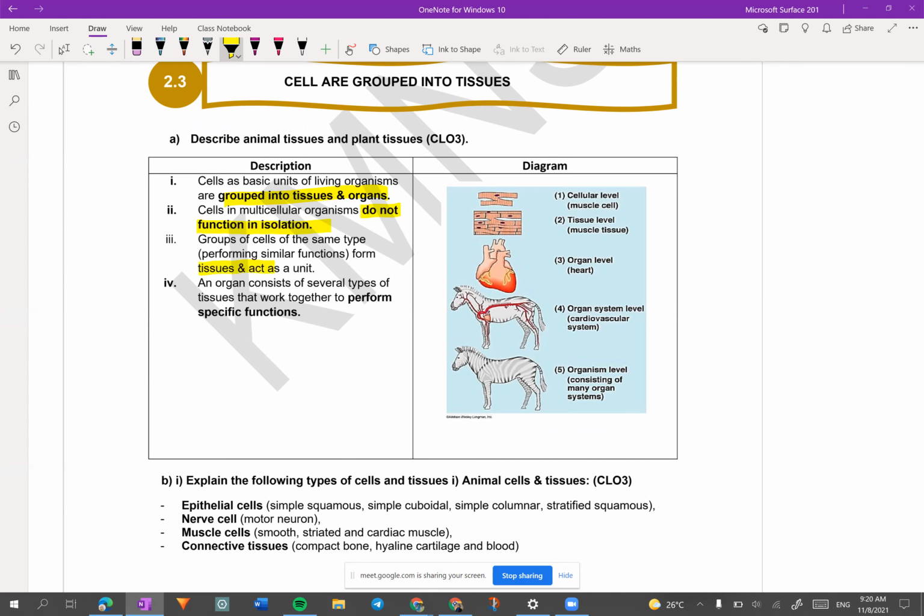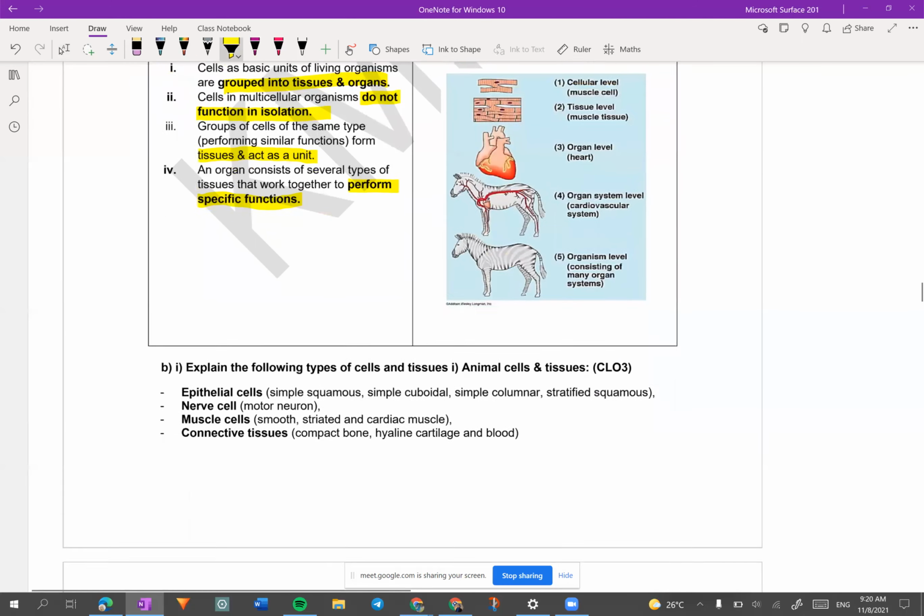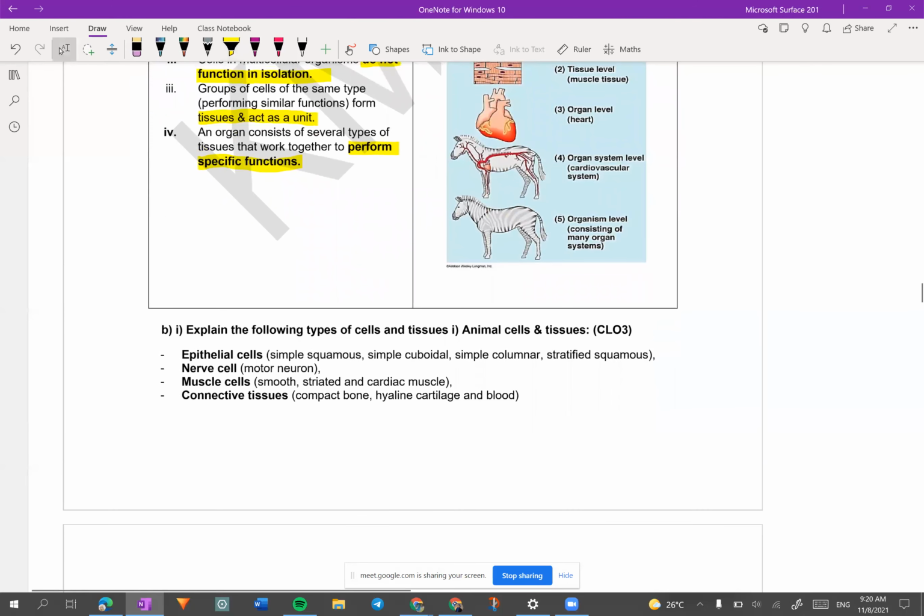They form a tissue and act as a unit. So dia buat kerja yang sama, dan dia akan buat as a unit, and then dia also form specific function. Okay, so ni yang kita nak tengok a group of cell interact with each other to perform a specific function.